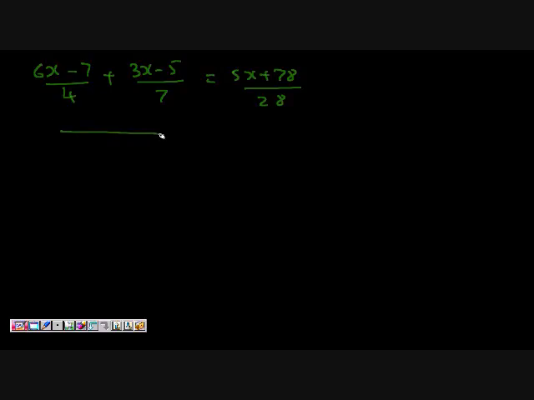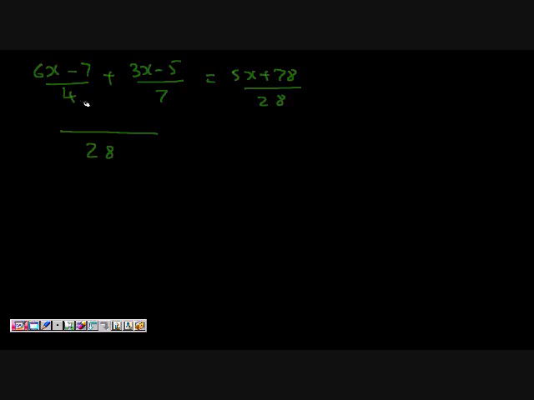Take another example. Suppose you're given 6x minus 7 divided by 4 plus 3x minus 5 divided by 7 is equal to 5x plus 78 divided by 28. Now the lowest common denominator of this is 28.